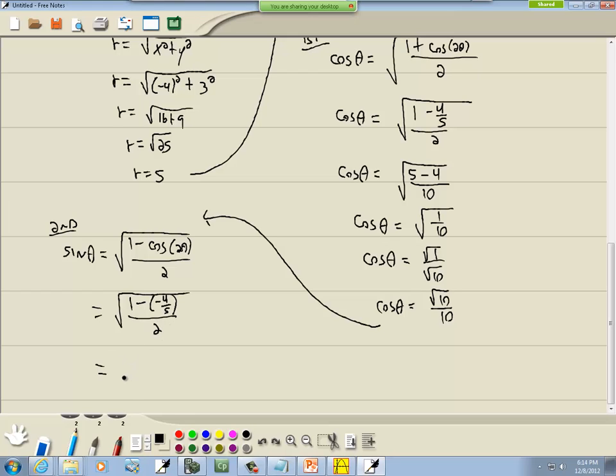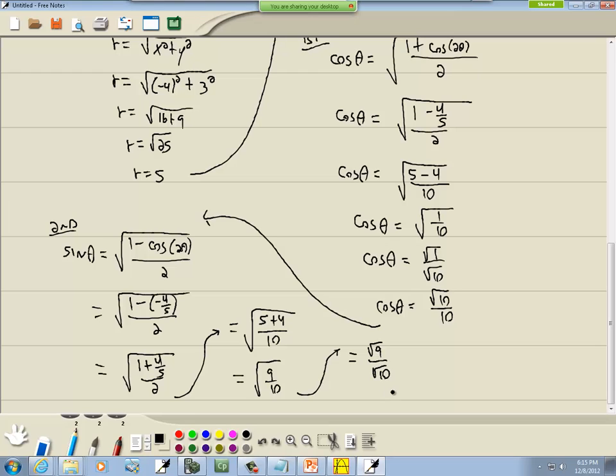Negative negative becomes positive, so we got 1 plus 4/5 over 2. Multiply everything by 5, so that gives us 5 plus 4 over 10, which gives us 9 over 10, which gives us square root of 9 over square root of 10. I'm about out of room. Which gives us 3 over square root of 10, which gives us 3 square root of 10 over 10.